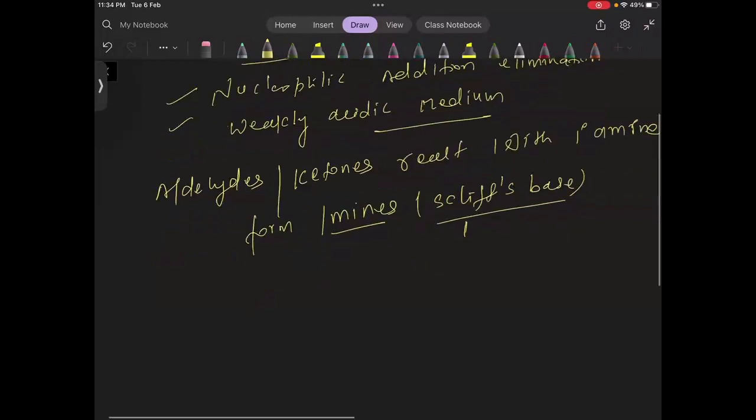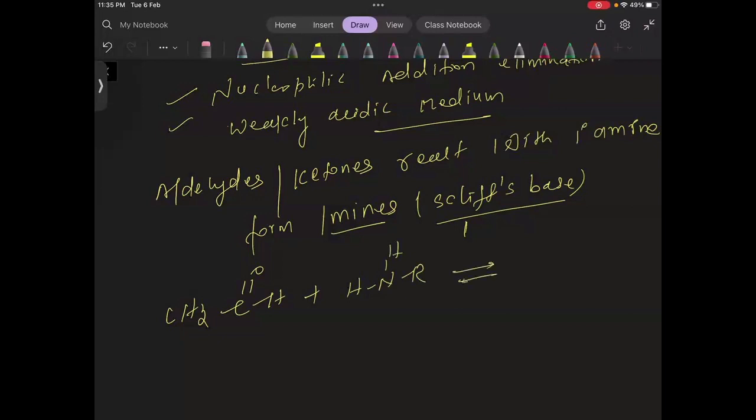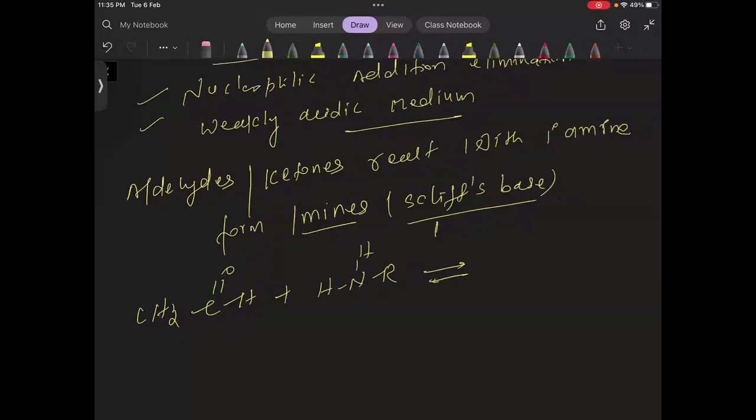Now let's understand through an example. See here, students, what will happen? Suppose you have CH3CHO and react it with H2NR, and it will form CH3CH(OH)NHR, correct?